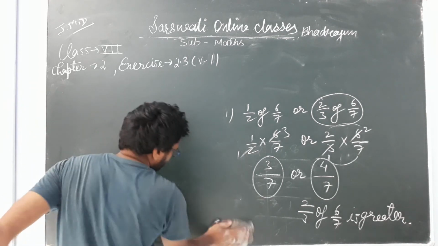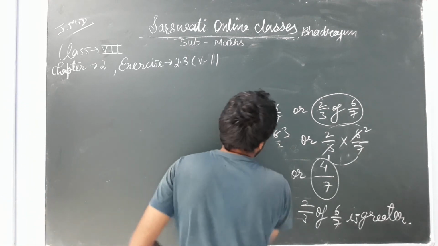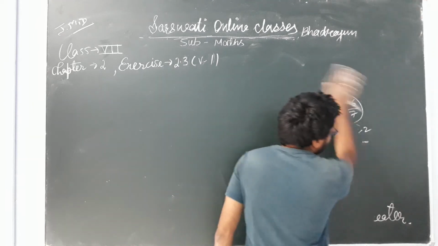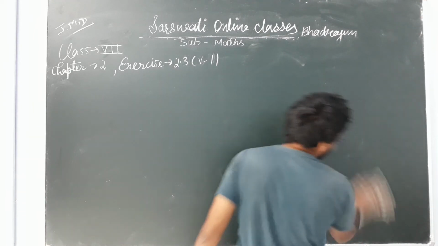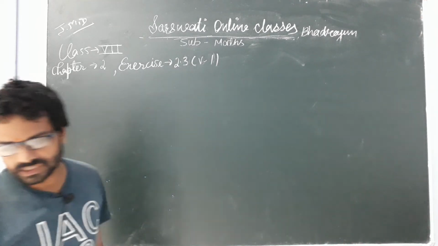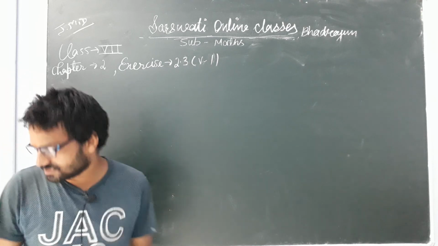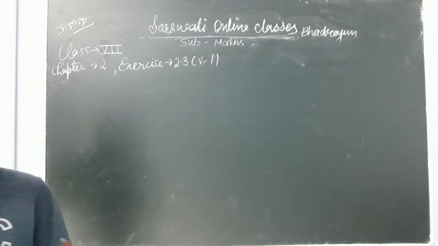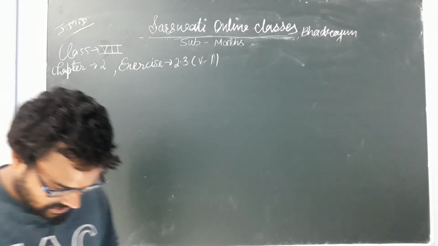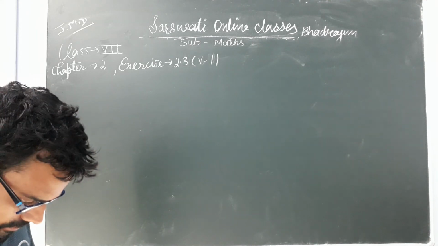I will give you homework of question number 5. You have to try to solve it. If you are not able, then I will solve it in our next video. So what is our question number 5? Sahil plants 4 saplings.